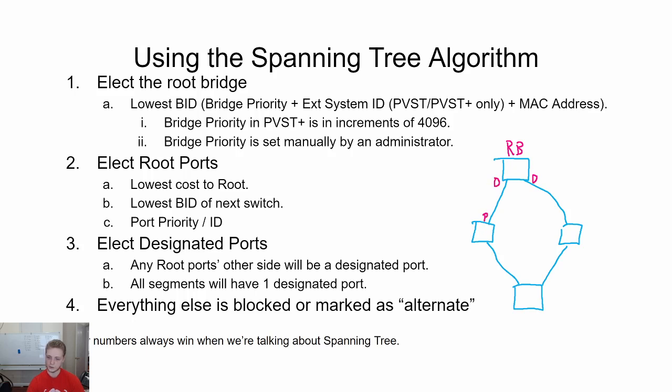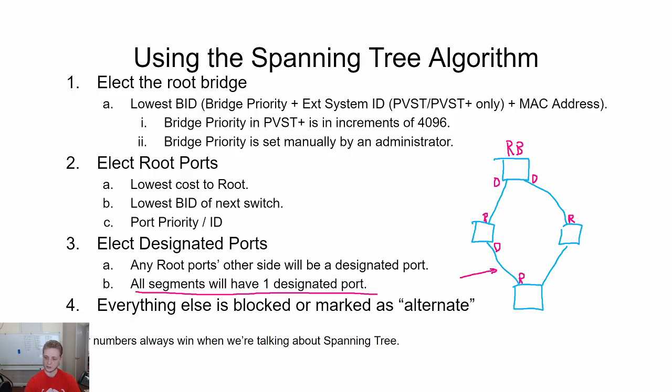Our closest port to the root would be our root port, and just for this example, I'm going to grab a random port as the root port. Keep in mind that all segments will have one designated port. Therefore, if this segment has a root port on this port, it will be designated on the other side. Very simple, very easy to quickly populate a chart like this with very little information.